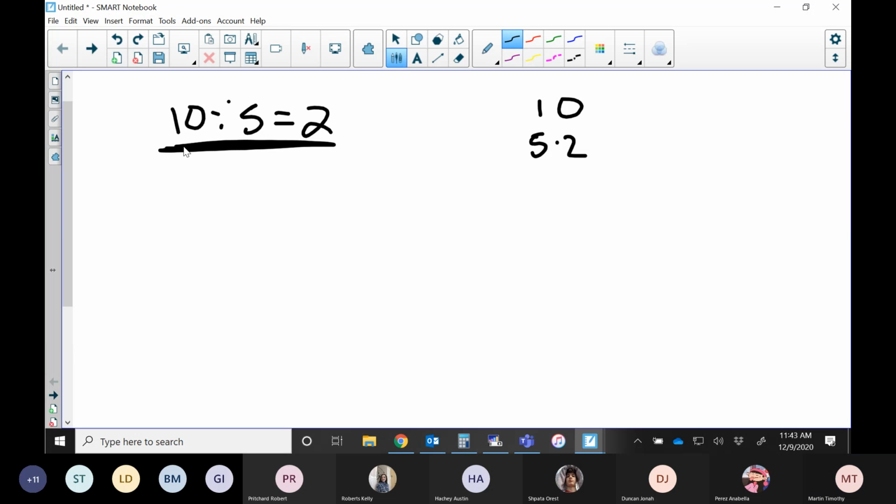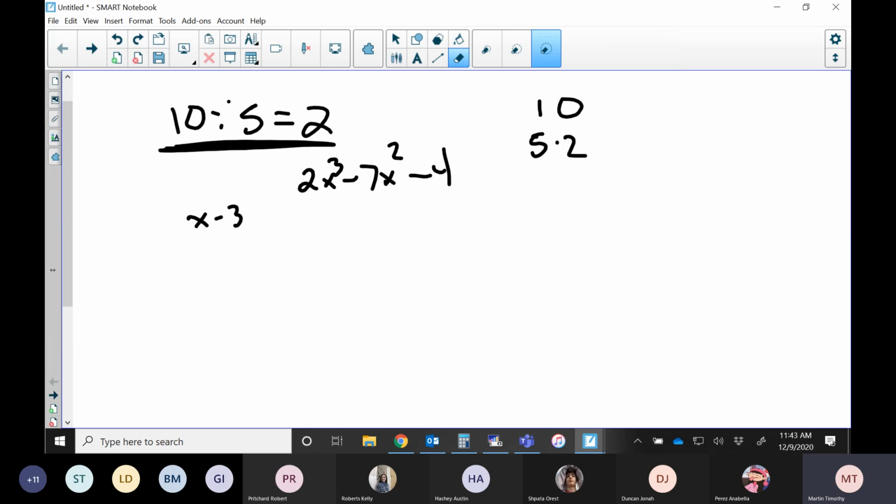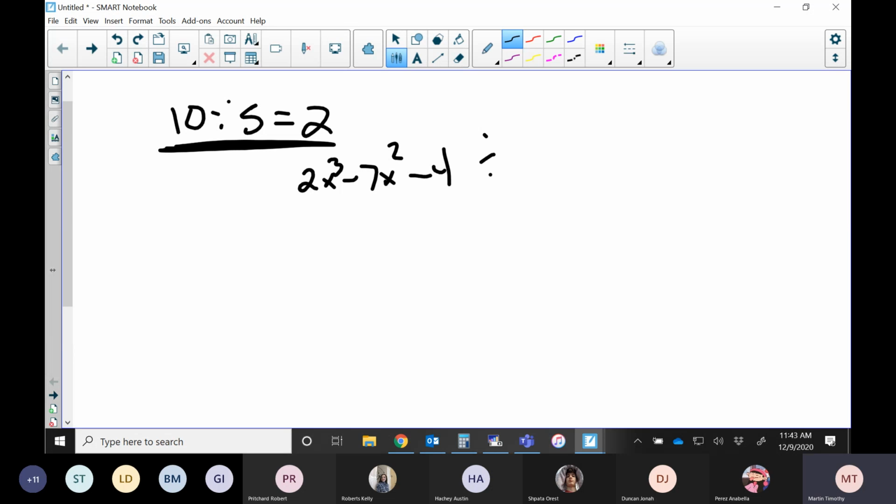So if I tell you that when I divide x minus 3 into 2x cubed minus 7x squared minus 4, I divide it by x minus 3, and I tell you your answer is 2x squared minus x minus 3 minus 13 over x minus 3.